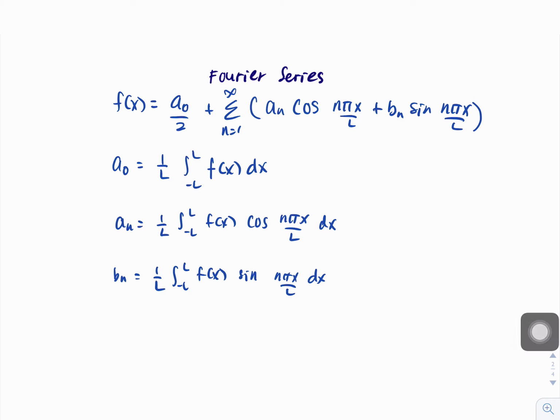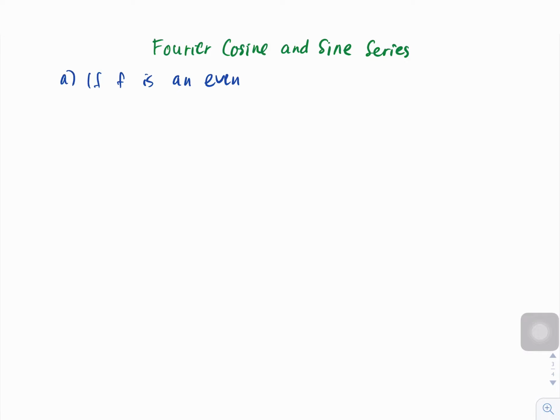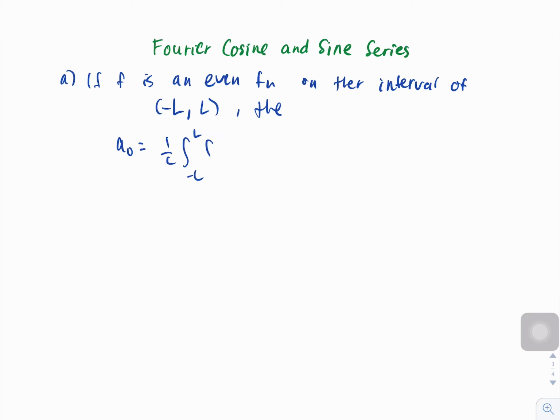Okay, so we are going to use this in our Fourier cosine and Fourier sine series. In Fourier cosine and sine series, let's say f is an even function on the interval of negative L until L. Then we can say that a naught is equal to 1 over L, again this comes from the Fourier series, which equals 2 over L integral from 0 until L of f(x) dx.